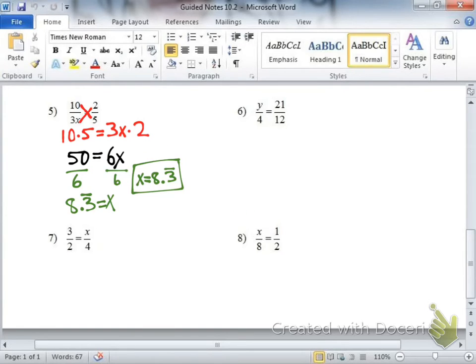So another acceptable answer would be 25 over 3 because I am just reducing this fraction since it won't give me a whole number. Okay? So in future algebra classes, you will probably have to submit your answer like this. However, in my class, decimals are fine. If you're getting the right answer, I'm not going to be picky about how you got there. All right? Any questions?